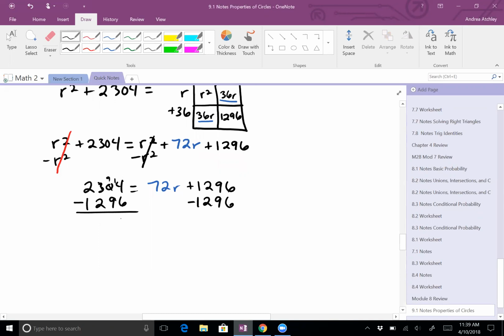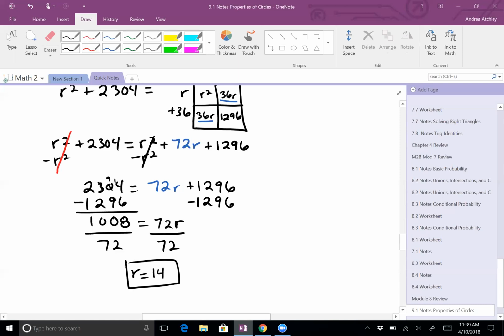Okay, so 1,008 equals 72R. Divide by 72. 14. So I'll get R equals 14. So the radius is 14.